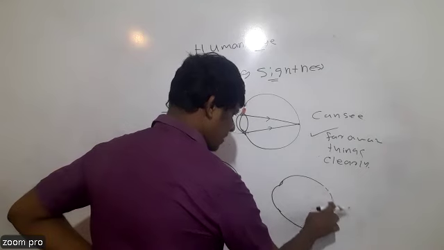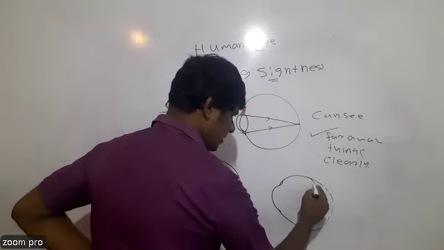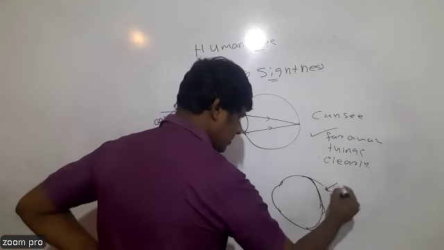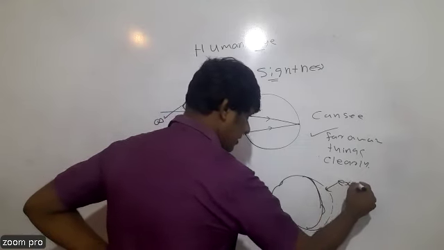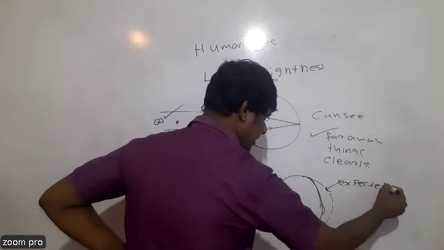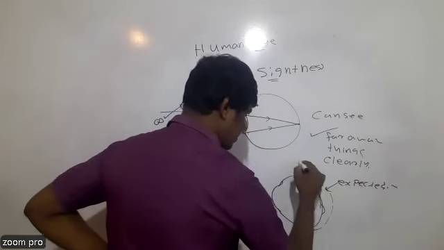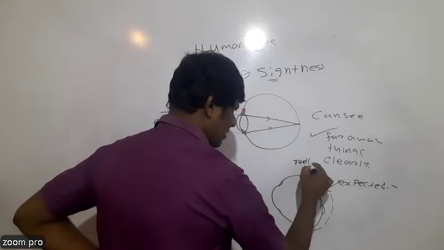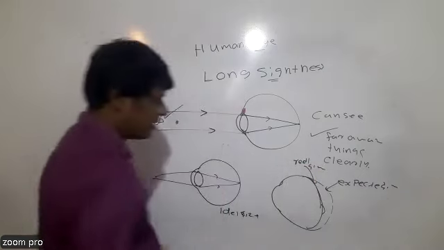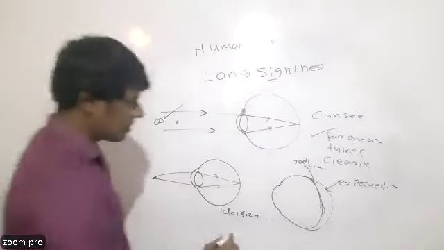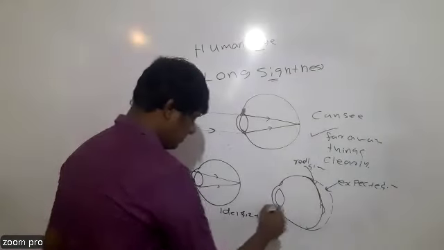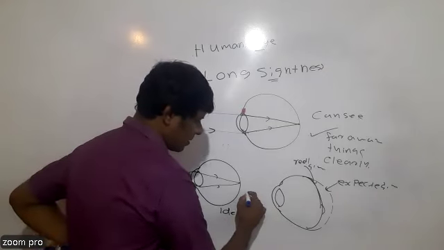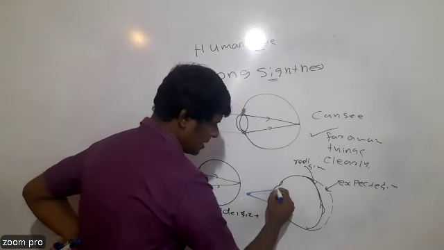This is the expected value, but the eye has a real size like this. Expected size, real size. Now the eye globe is very short. Rays are coming.